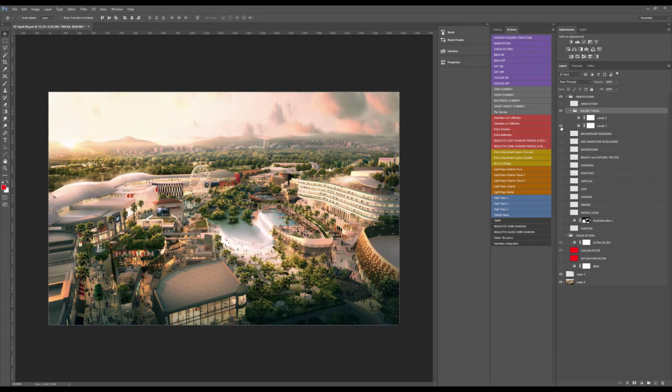The difference is noticeable, and it enhances the sunlight from here, it enhances the shadows, which is quite good, and it also adds a little bit of contrast. And then I added another layer here that increases it a little bit again.